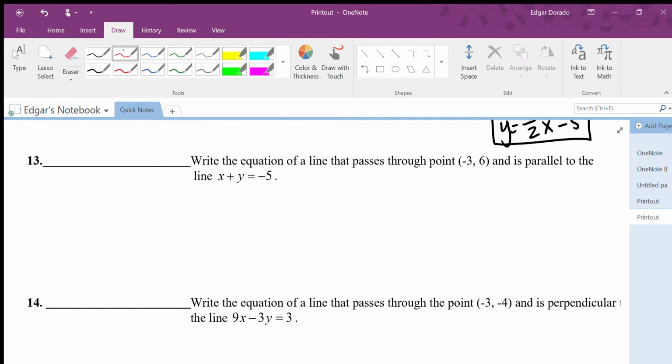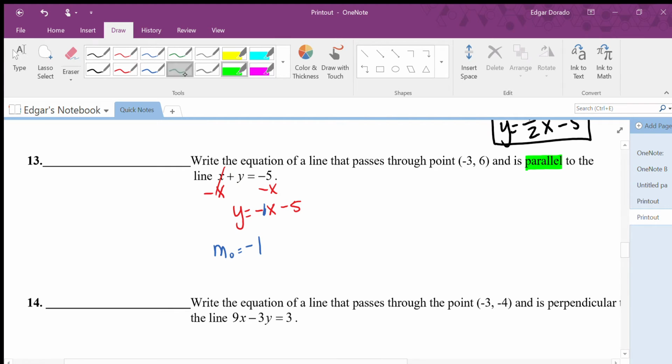Just subtract x from both sides, I get y equals -x minus 5. So really, this is a -1. So my original line had a slope of -1, okay? And I want something that is parallel.